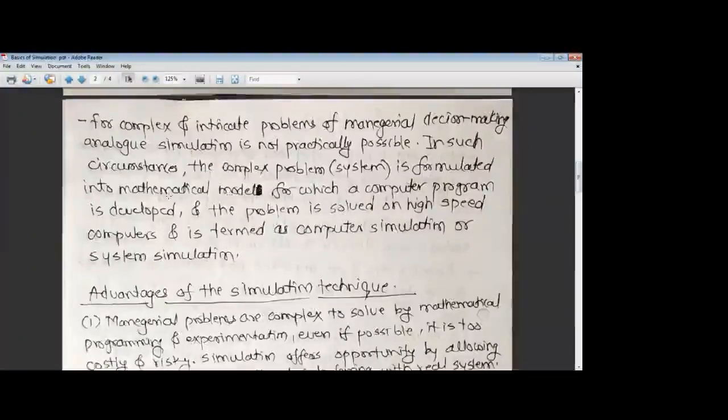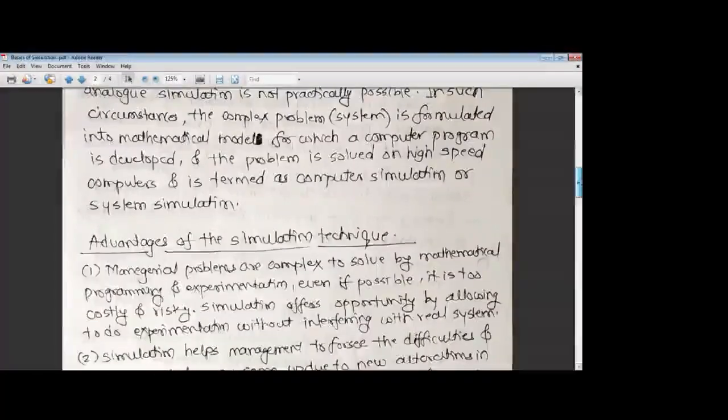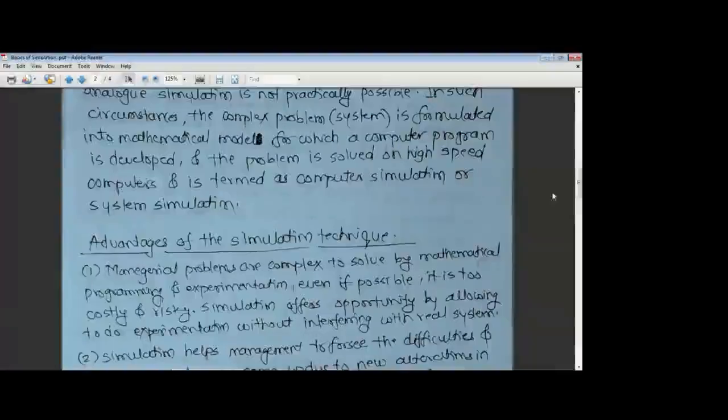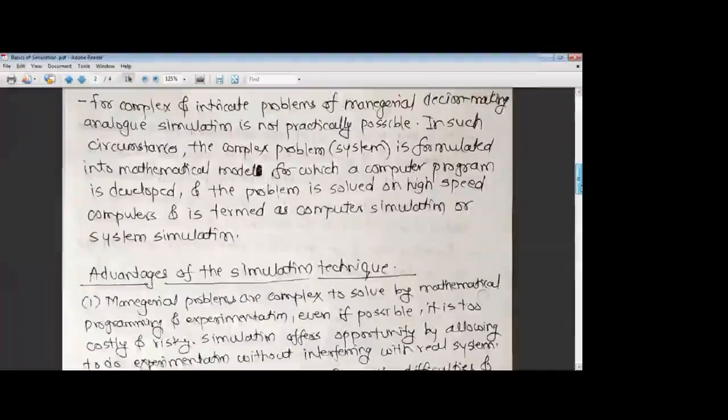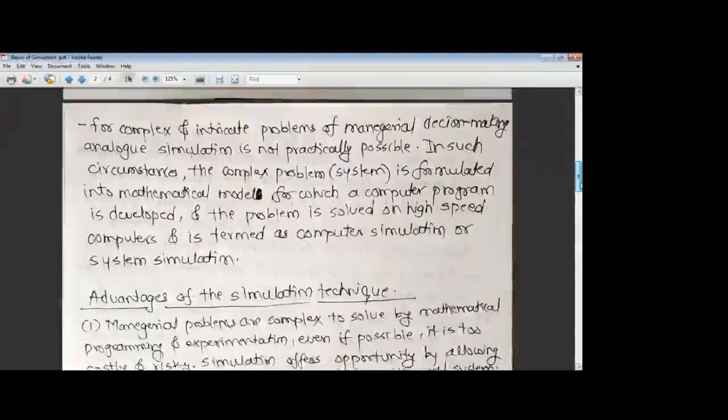In such circumstances, the complex problem or complex system is formulated into a mathematical model for which a computer program is developed, and the problem is solved on a high speed computer. This is termed a computer simulation or a system simulation, right? I'm very sure you have heard of computer simulation or system simulation.